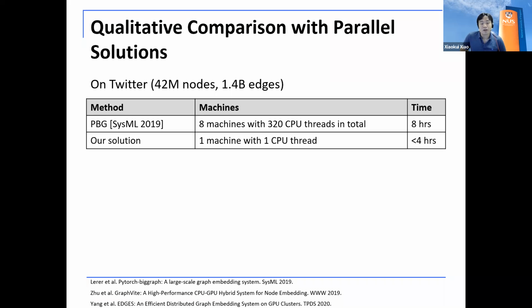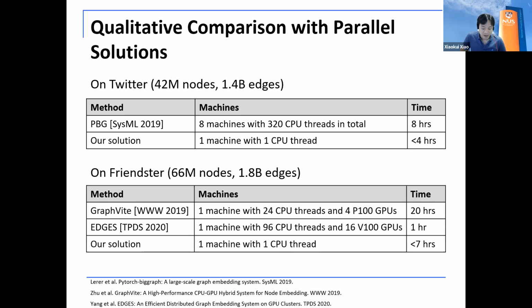So PBG, which was proposed in SysML, has reported a runtime of 8 hours on this Twitter graph using 8 machines with 320 CPU threads in total. In contrast, using just one CPU thread, we can finish processing Twitter in less than 4 hours.